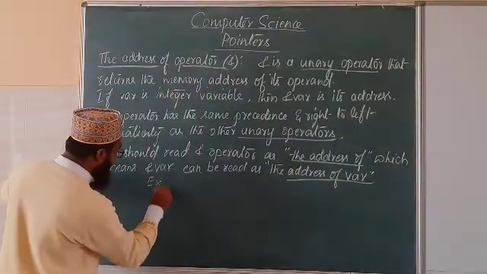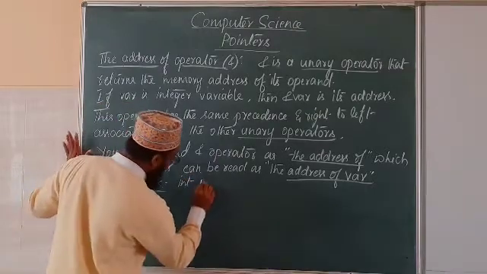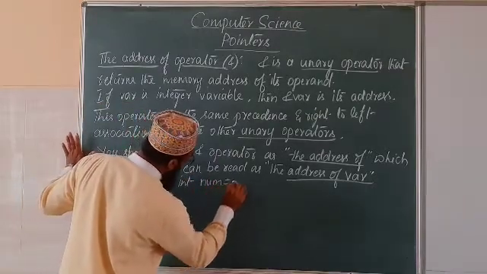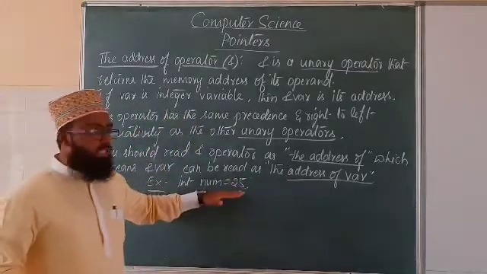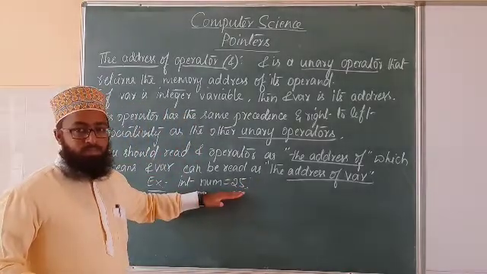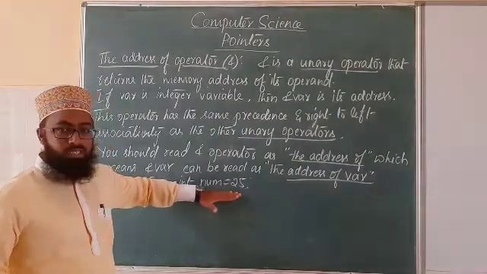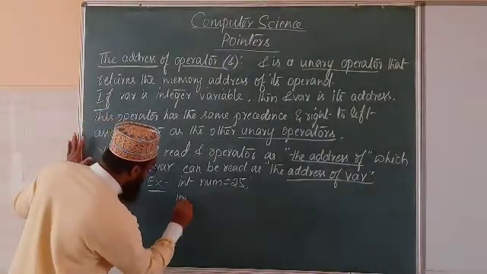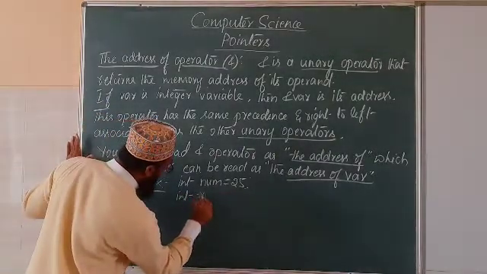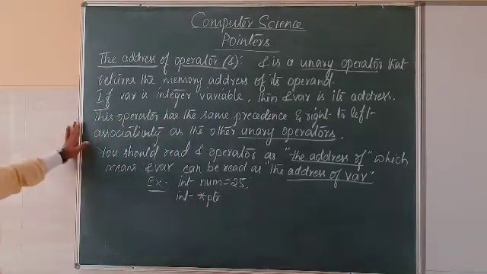Take an integer type, num, whose value is 25. Now we need to store the address of this num in a pointer. Then we need to write int star ptr, taking a pointer.